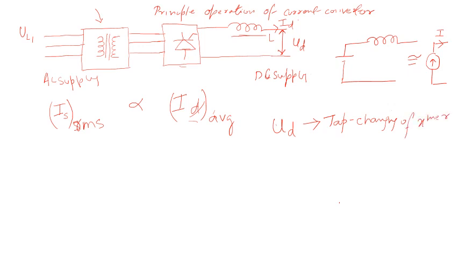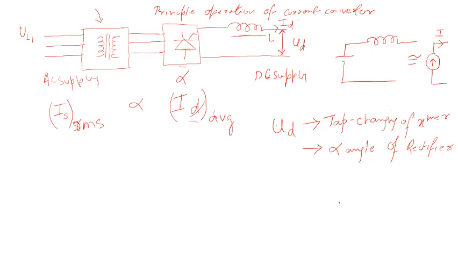The next method is by changing the delay angle or triggering angle, the alpha angle of your rectifier.